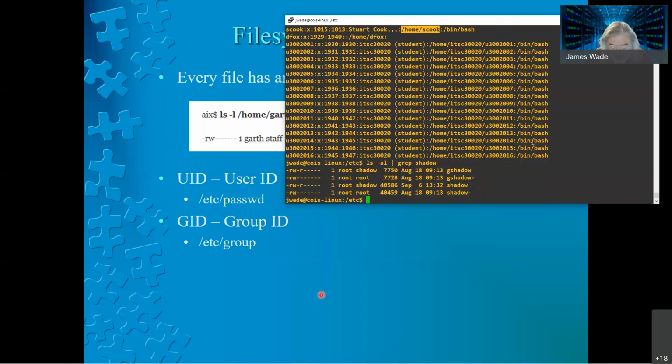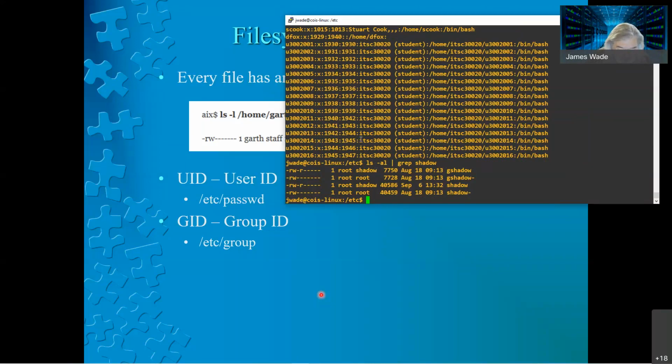And the next thing is, what shell is that person using? Notice all of this is separated by colons, okay, by colons. So username, then this X just says refer to the shadow file. User ID, group ID, okay?